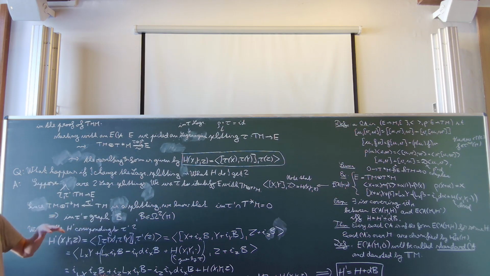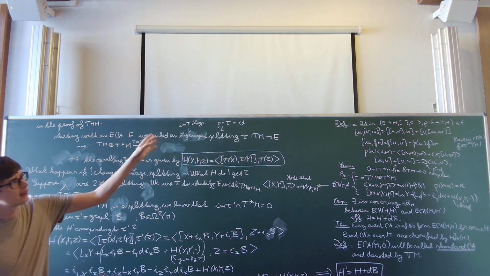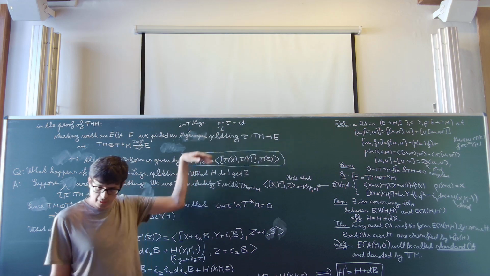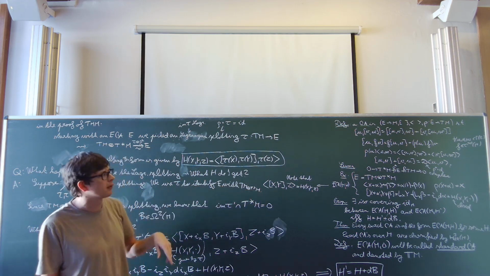So it's easy to see that it's still isotropic. And then we know that for any isotropic Lagrangian in this case, this procedure holds.